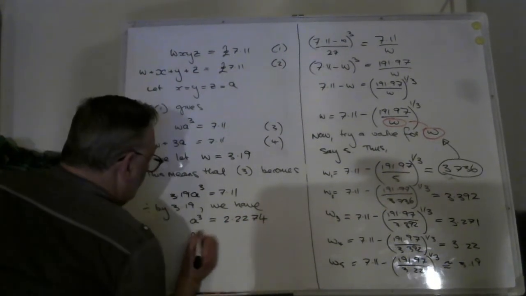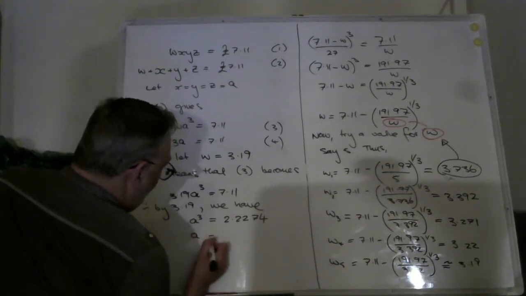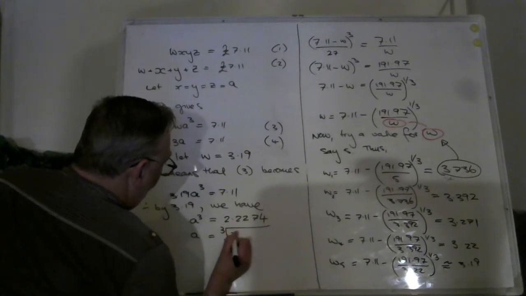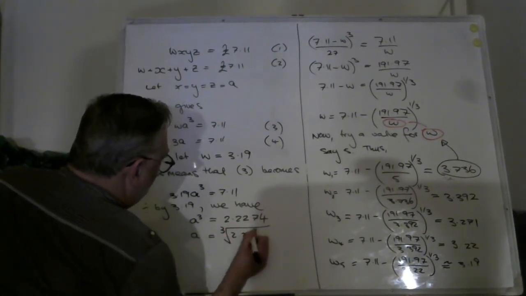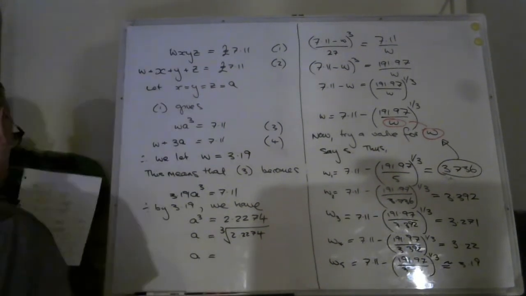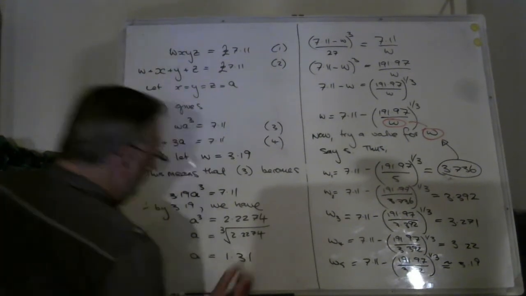Taking the cube root, a is equal to the cube root of 2.2274. So a is equal to 1.31.